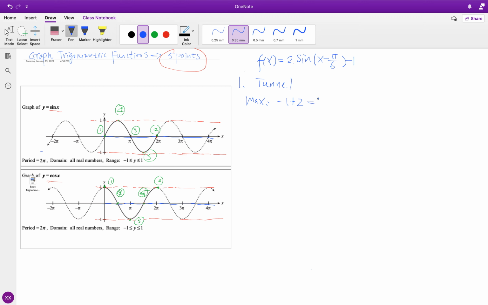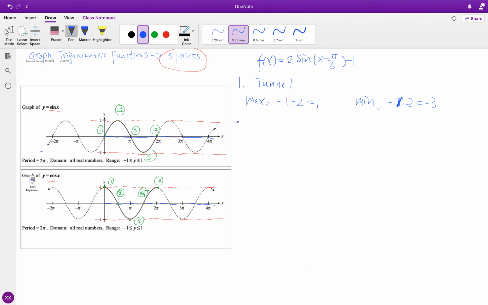Now this is 1. Now our min is the same thing, vertical displacement subtract, sorry, there should be -1, subtract our amplitude. So then that is our -3. All right, so in this case, we got that and we got that.